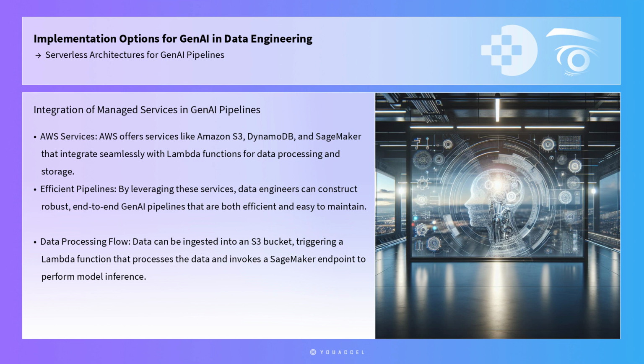By leveraging these services, data engineers can construct robust, end-to-end GenAI pipelines that are both efficient and easy to maintain. For instance, data can be ingested into an S3 bucket, triggering a Lambda function that processes the data and invokes a SageMaker endpoint to perform model inference. The results can then be stored in DynamoDB for further analysis or reporting.